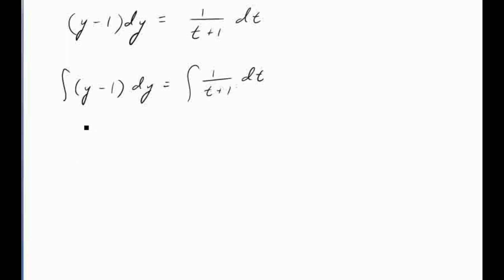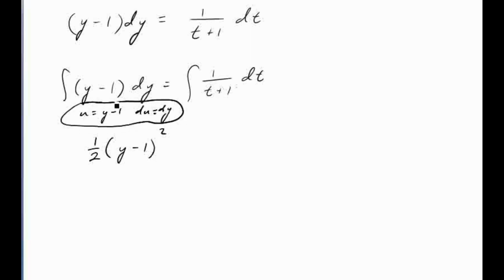So again, we can think of this as a u substitution with u equals y minus 1. And in any case, what that's going to get us is 1/2 (y minus 1) squared. You can think of this as u equals y minus 1, which means that du would equal dy. If you want there to be a paper trail here, that's what it might look like.